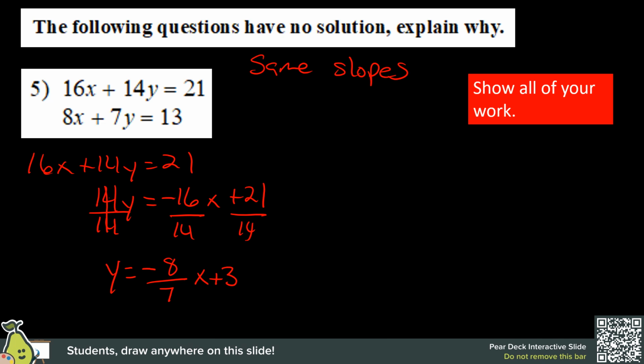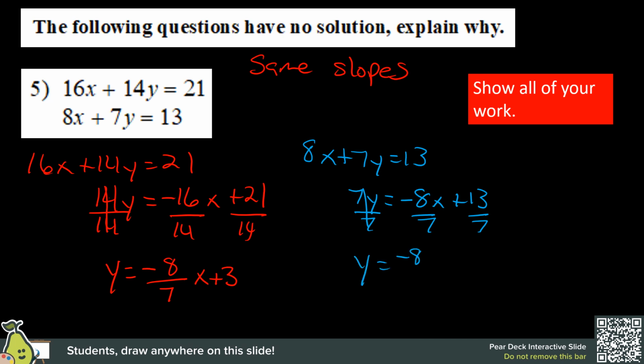Okay. And then let's see what happens if we do the same thing with the other equation, right? Let's say 8x plus 7y equals 13. We're going to move that 8x to the other side, so we'll say 7y equals negative 8x plus 13. Divide everything by 7. So I get y equals negative 8 over 7x plus 13 over 7.